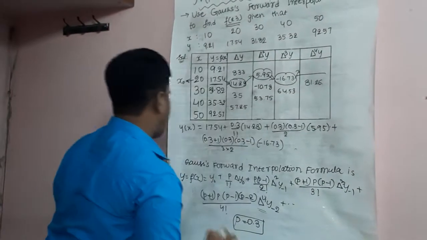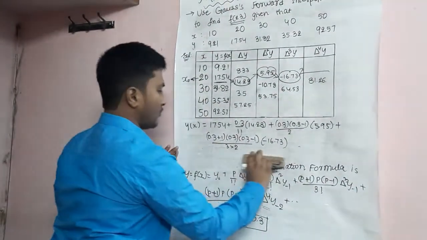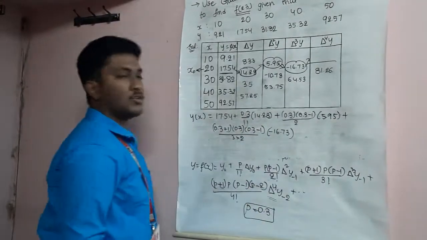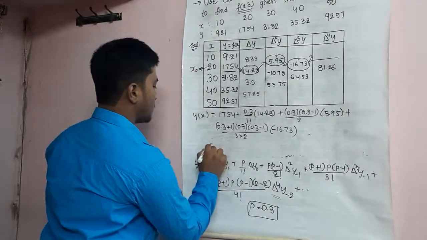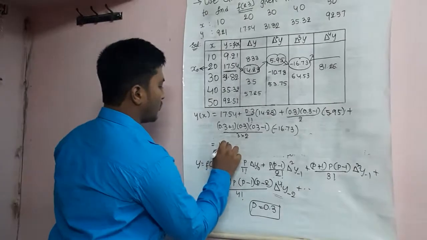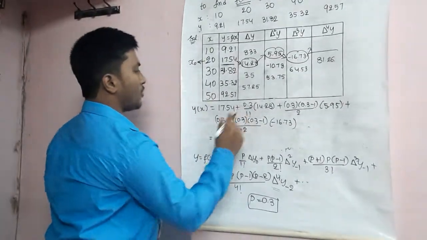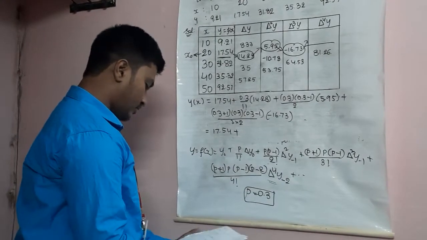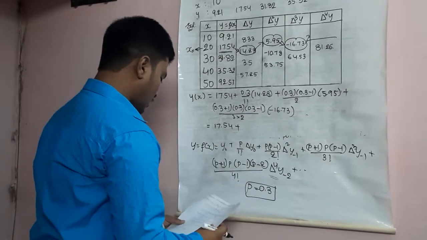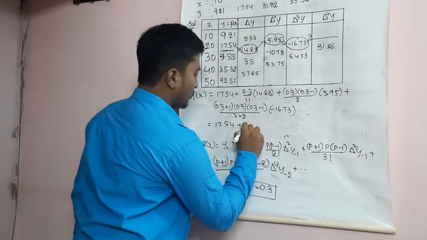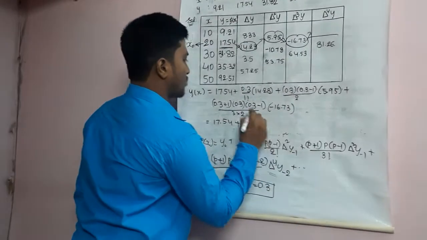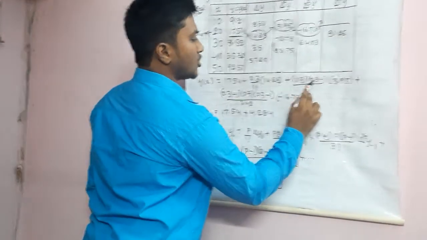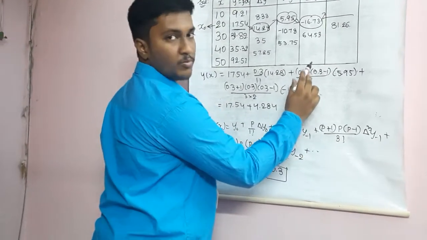So now I am simplifying this. I have calculated these values using a calculator to reduce time consumption. So 17.54 plus 0.3 into 14.28, we get the value 4.284. Next, 0.3 into 0.3 minus 1 means here this is minus 0.7.